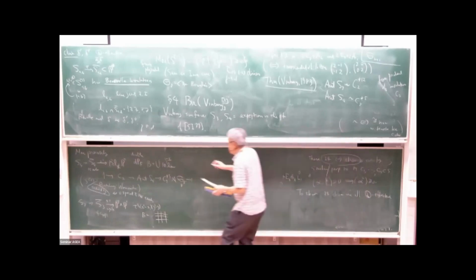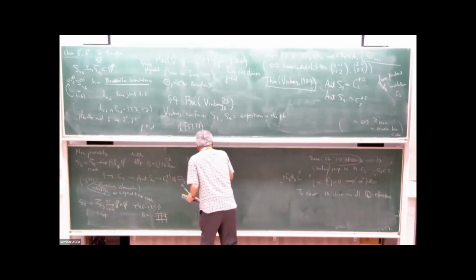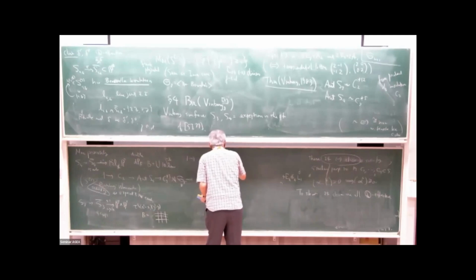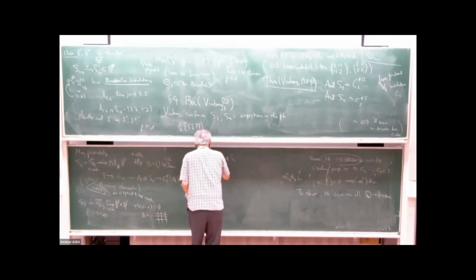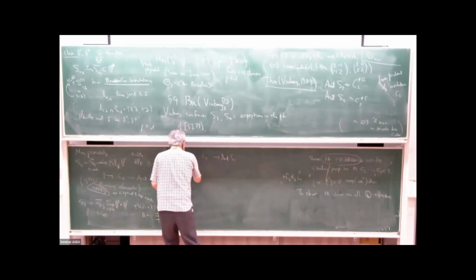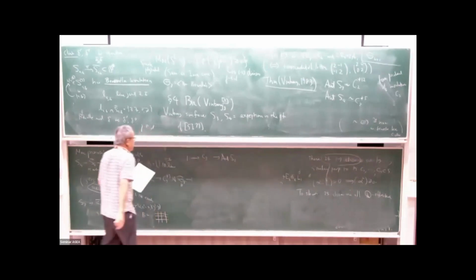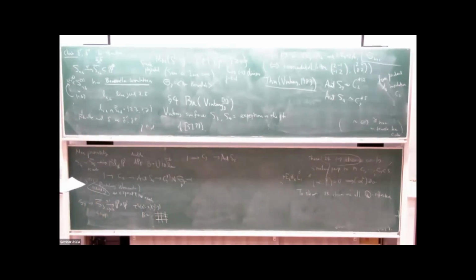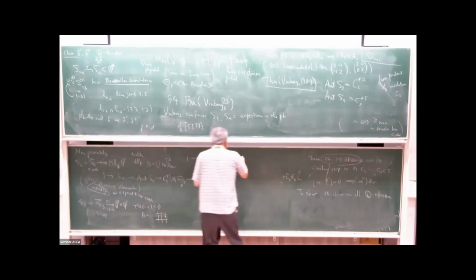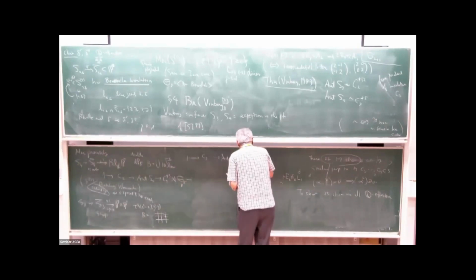Then the automorphism group of S3 contains C3, which is the covering group of this part. And the quotient is this one.